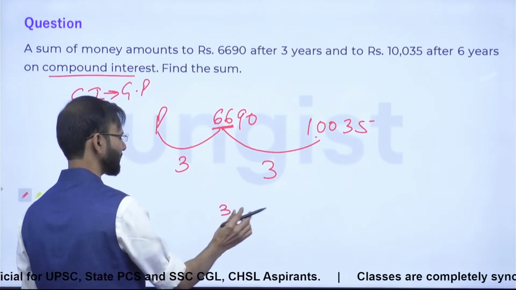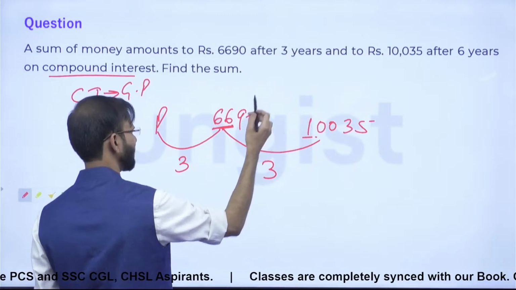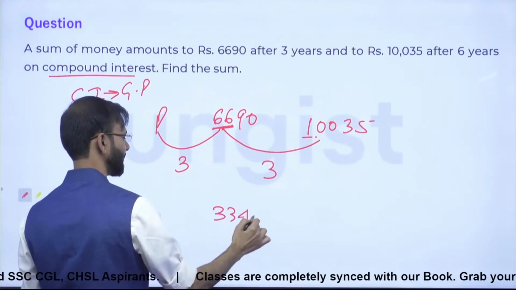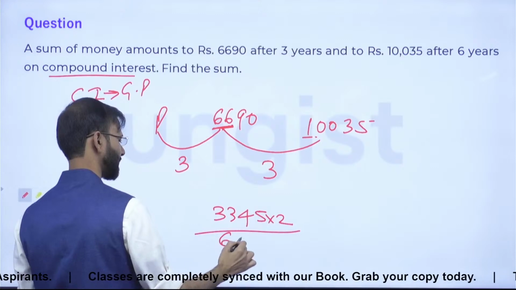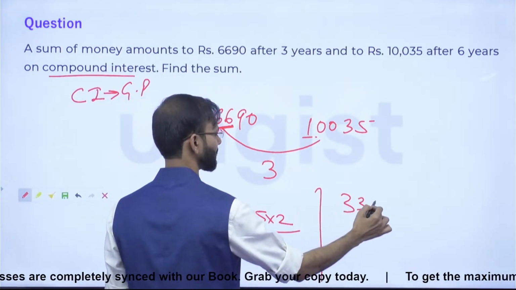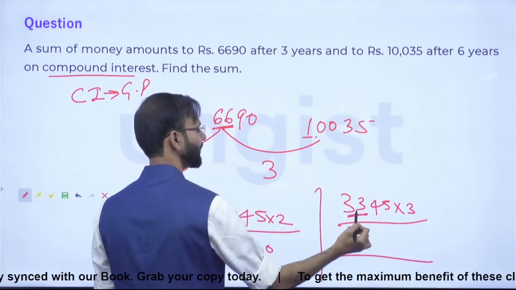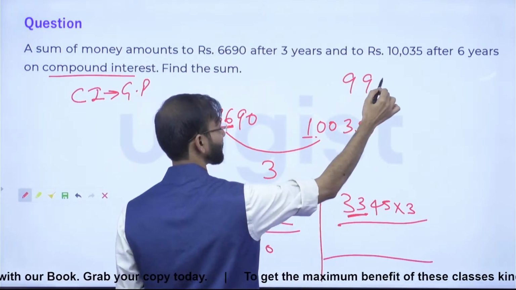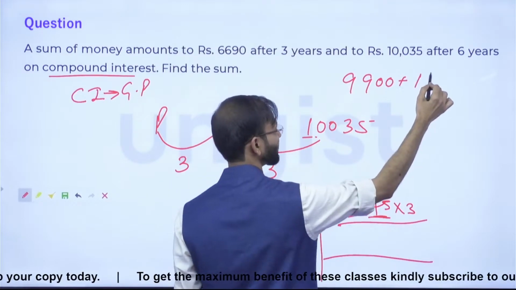I mean 3345, क्योंकि 33 into 3, एक बार देख लीजिए जरा, 3345 into 2 कितना होता है? 6690, हाँ? And 33 into 3, 45 into 3. देखिए 33 into 3 is 99 00 and 45 into 3 is 135.